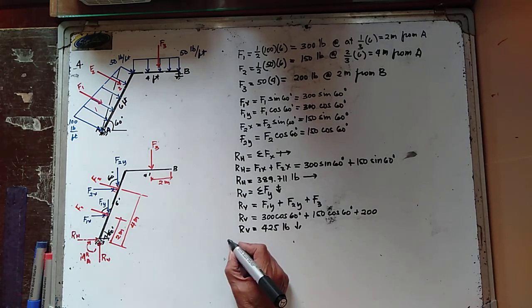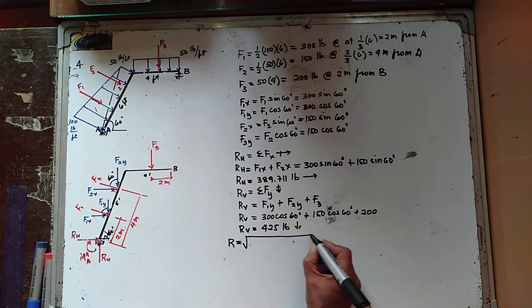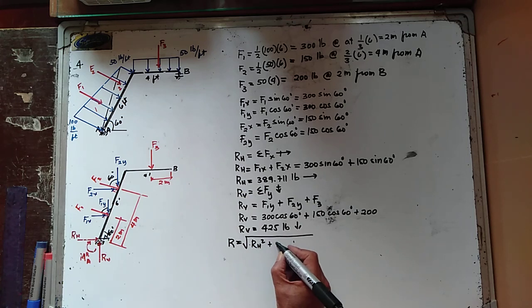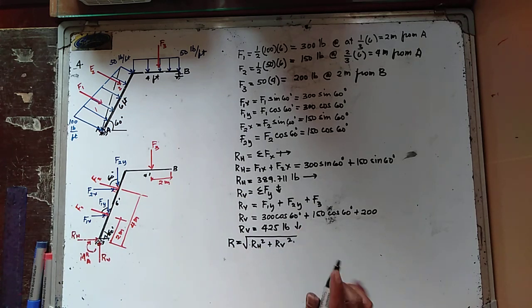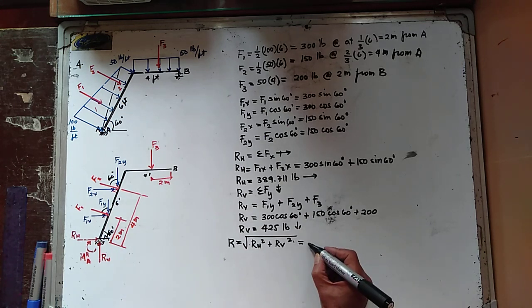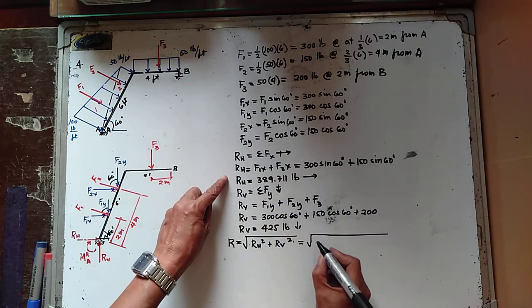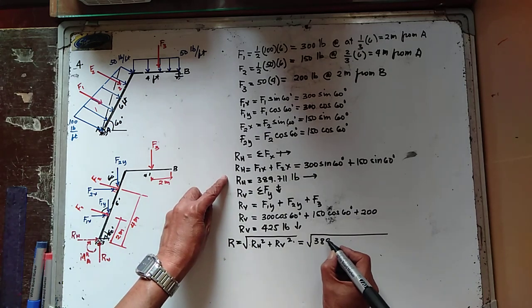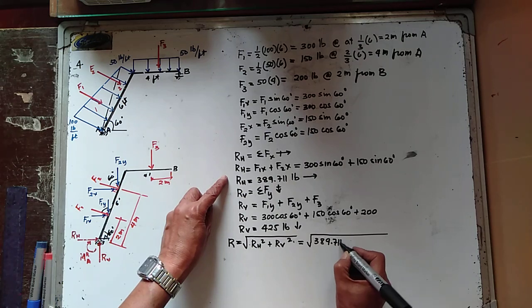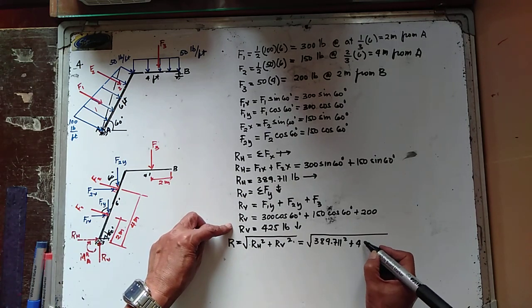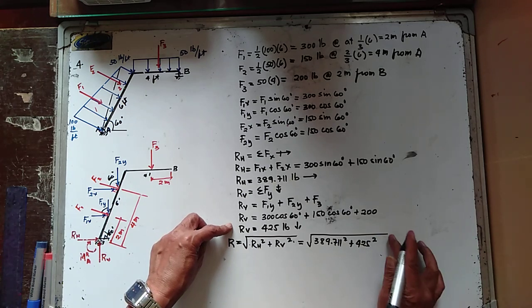So the magnitude of the resultant is now equal to the square root of RH squared plus RV squared. And this one is now equal to the square root of 389.711 squared plus 425 squared.